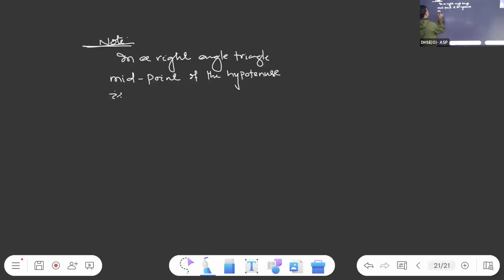In a right angle triangle, midpoint of the hypotenuse is the circumcenter.